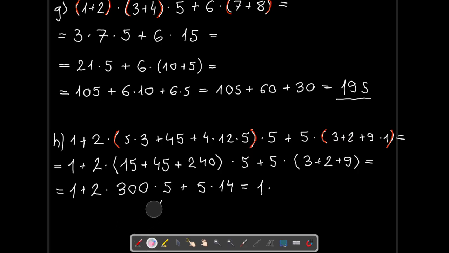And that means we just need to add an extra 0 to 300, which gives us 3000. And then multiplying 5 times 14, we add an extra 0 to 14 and divide that by 2, which gives us 70. And after adding these three numbers together, we get 3071.